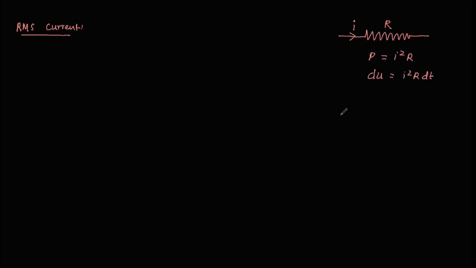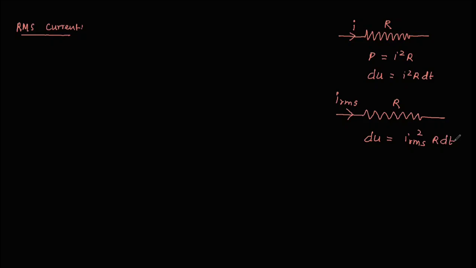Now in case of an AC circuit, when the current is continuously fluctuating with time, we consider that I RMS will give us the same amount of heat energy generation. So we write it as I RMS square R dt.